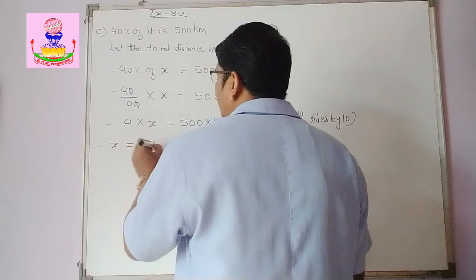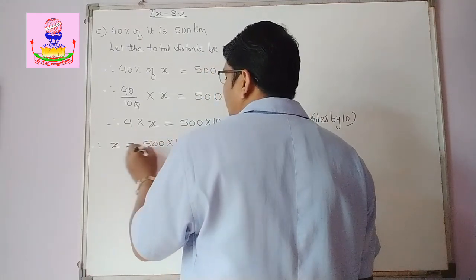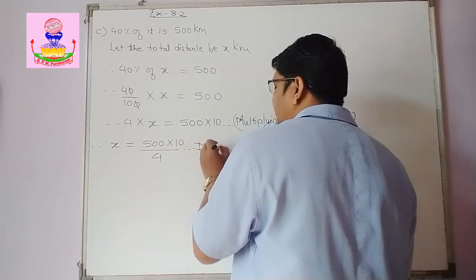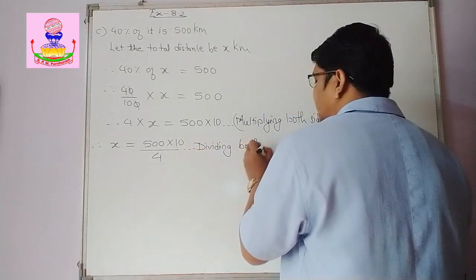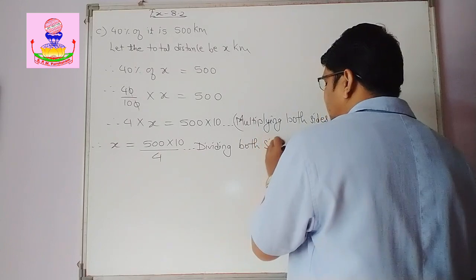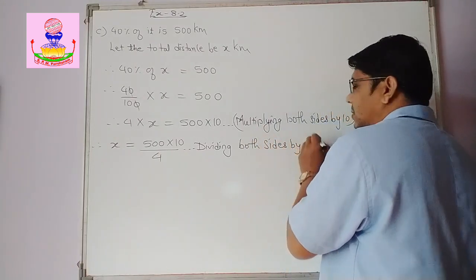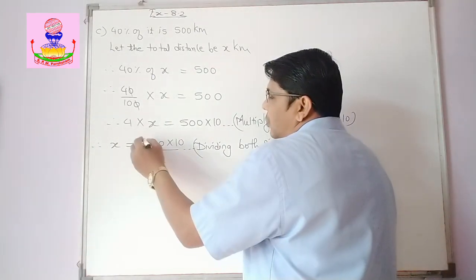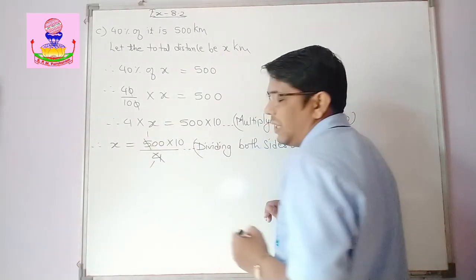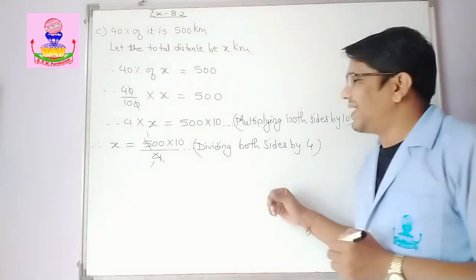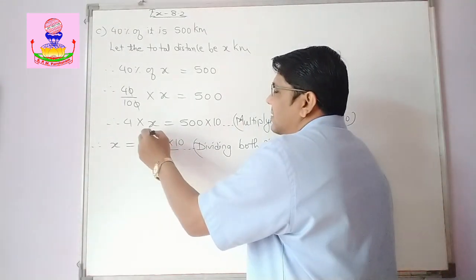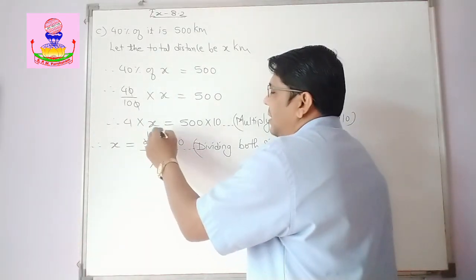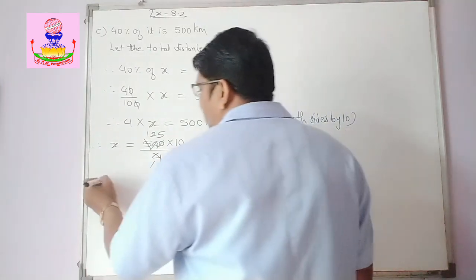Right? Then I don't want this 4. Bring it to this side. So when it comes to this side, it will be in division, that is denominator. So dividing. So x is equal to 500 into 10 upon 4. So what I did? Dividing both sides by 4. Okay. So 4 ones are 4, 4 ones are 4, 1 remainder, 10.